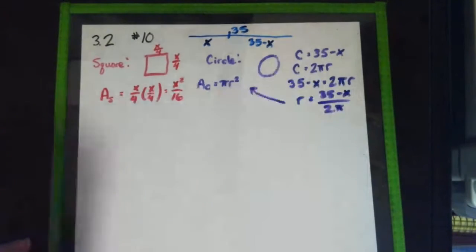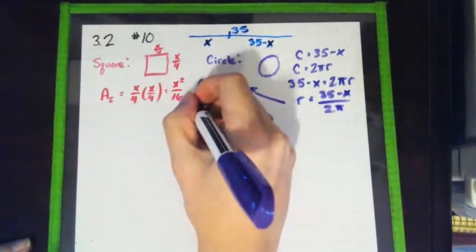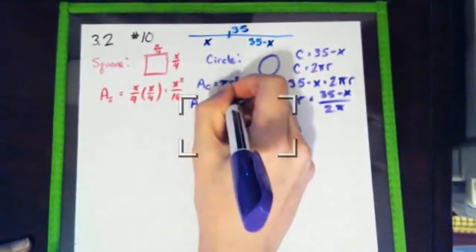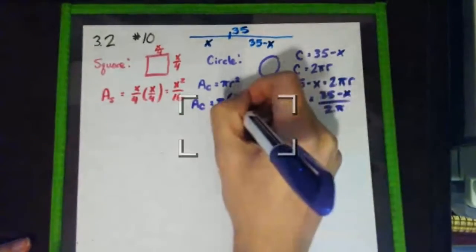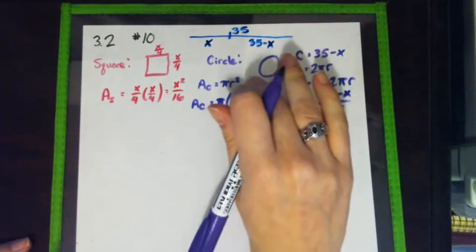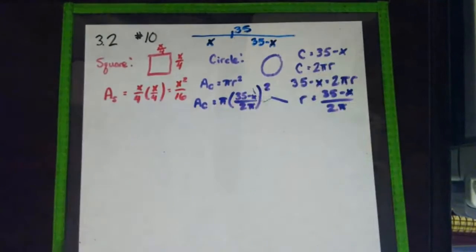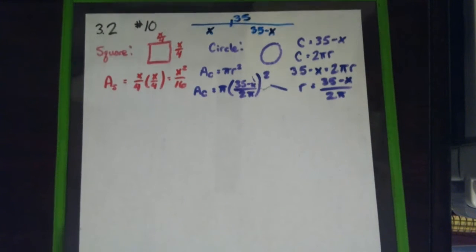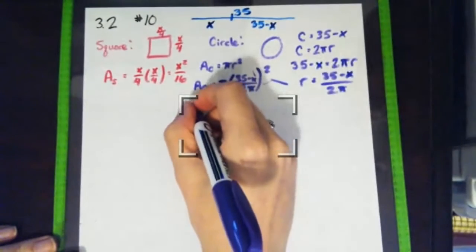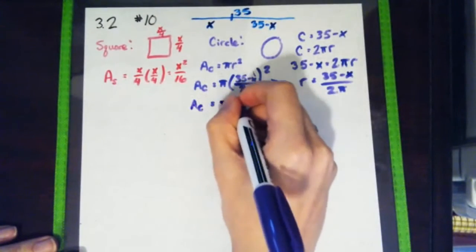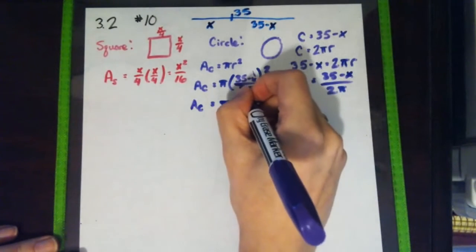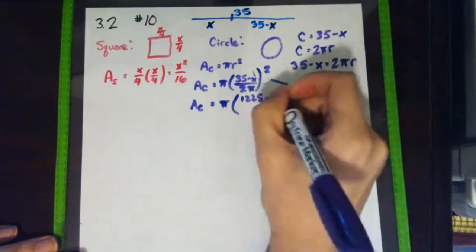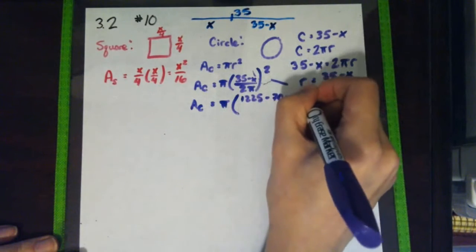I can then plug r into my area of a circle formula, and the area of our circle is equal to pi times (35 minus X over 2 pi), all of that squared. I can multiply that out so that it looks a little bit simpler. So the area of our circle is equal to pi times 35 minus X times 35 minus X, which is 1,225 minus 70X plus X squared.